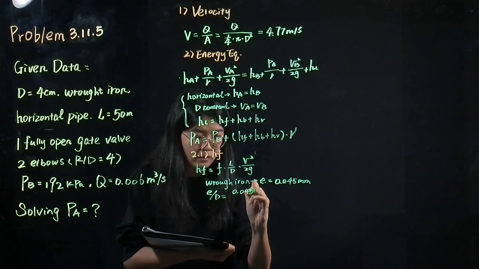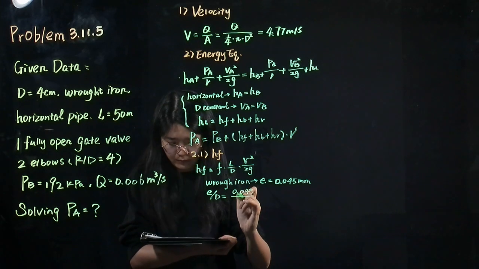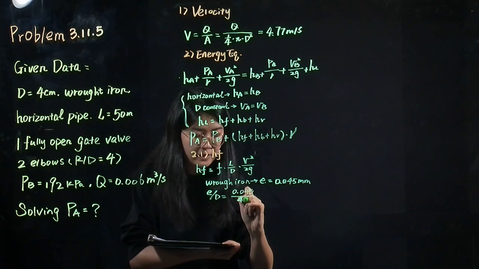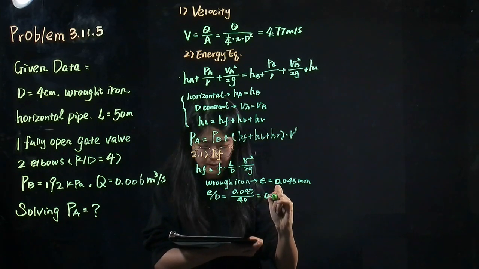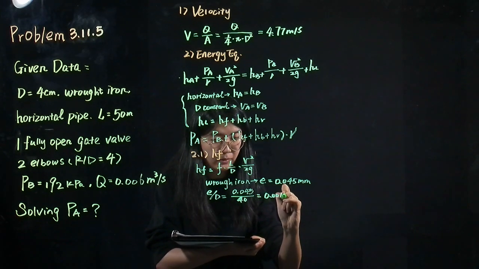is 0.055 over 40 millimeter, equal to 0.00113.